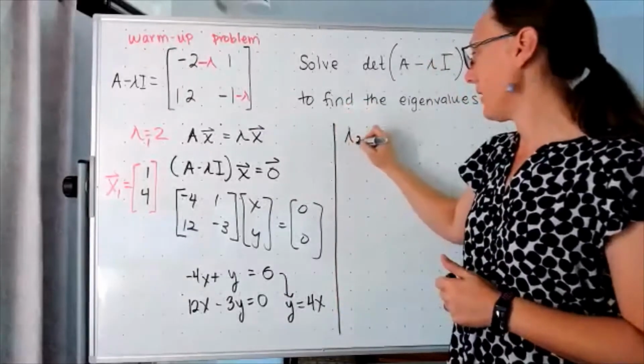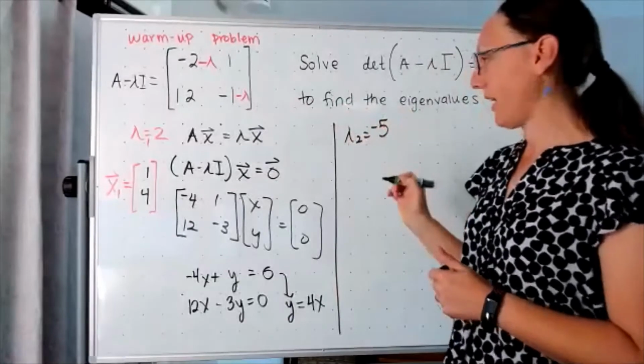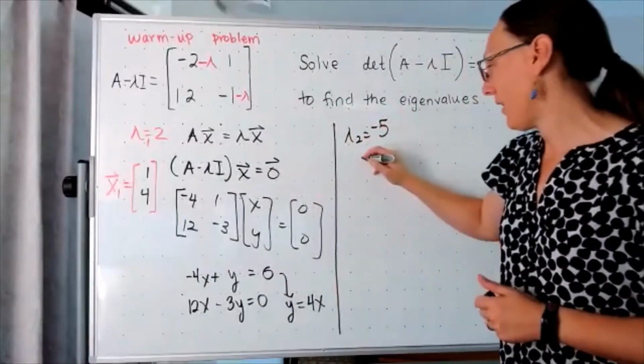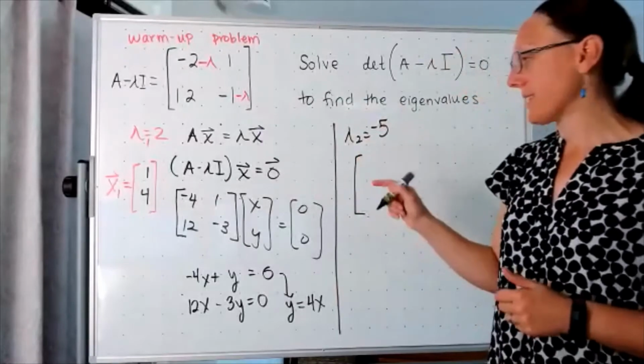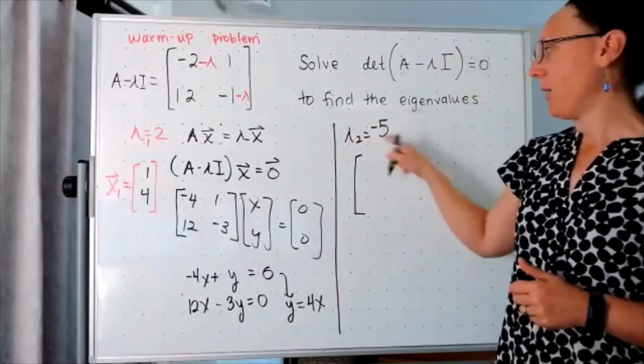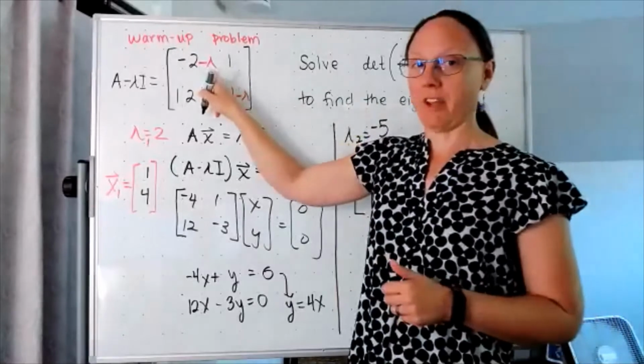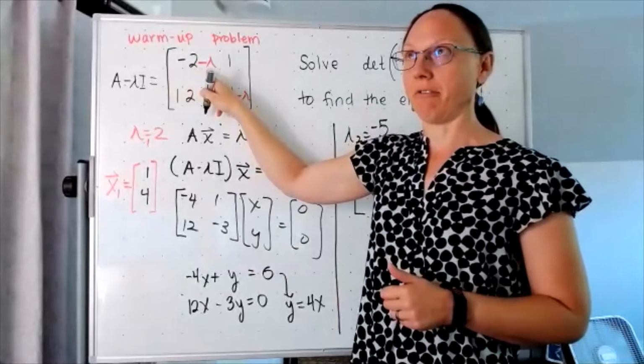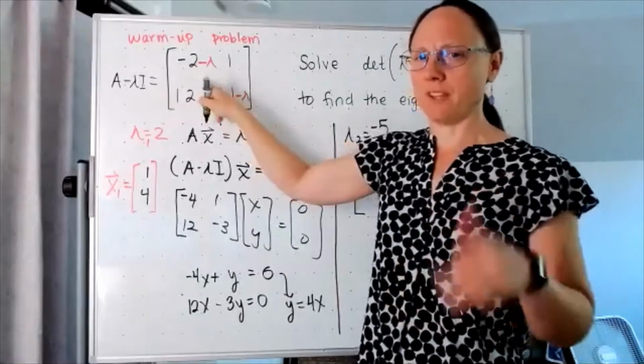So if lambda 2 is equal to -5, and I start here, then that A minus lambda I, I'm plugging in -5 here for lambda. So -2 minus -5, the same as -2 plus 5.